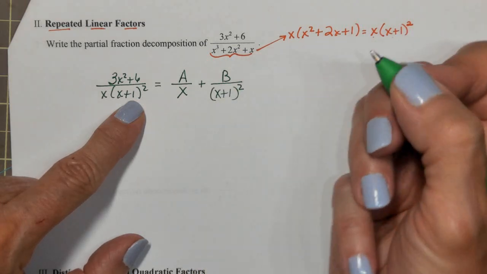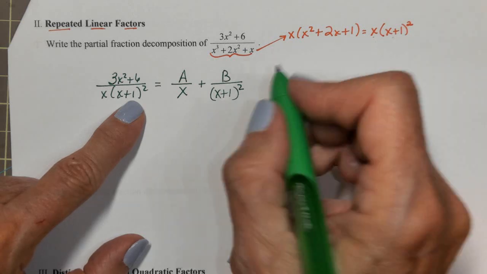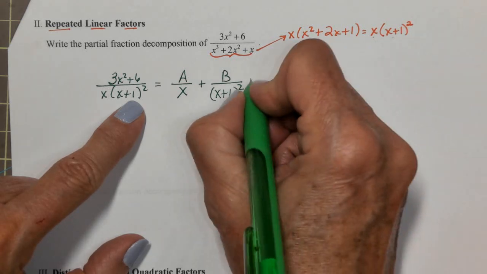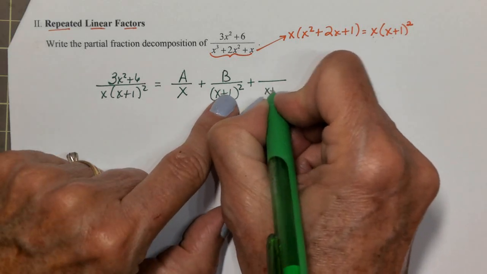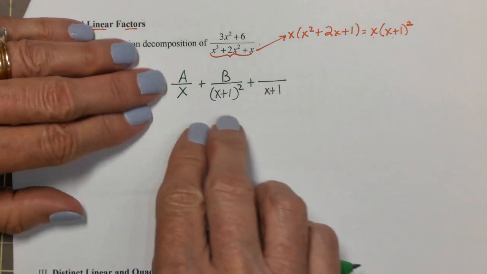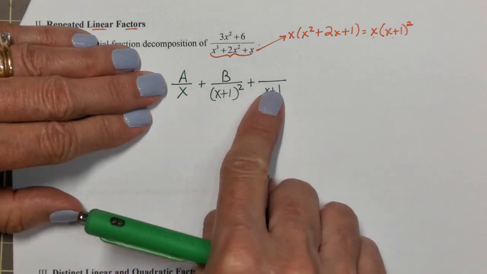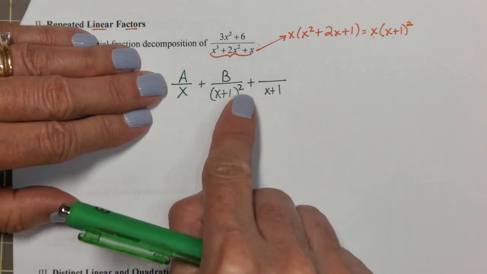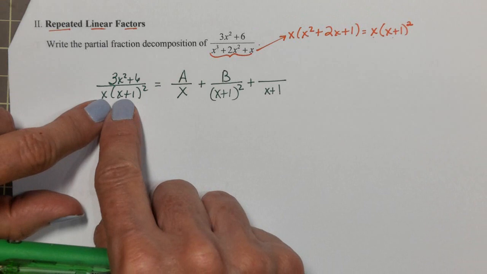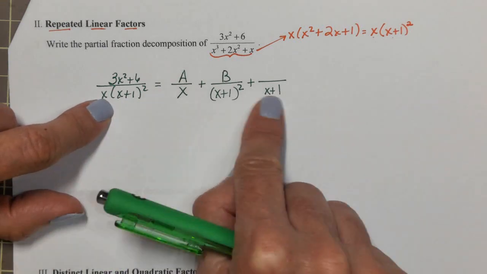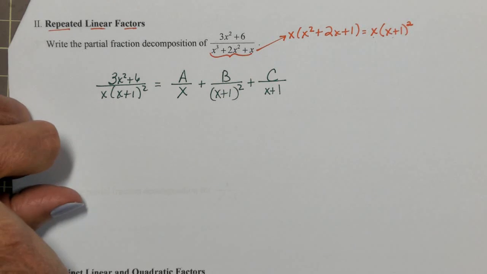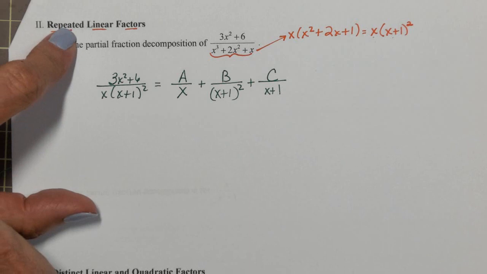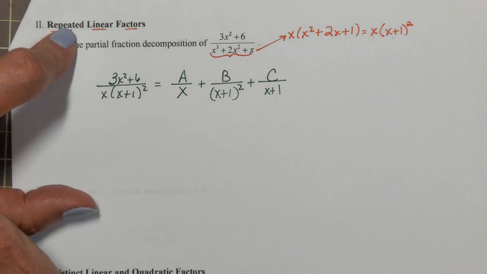Or there is a possibility that we could have another fraction, and its denominator would just be a single one of these. If I were adding these together, what would the common denominator be? The common denominator would be this. So I have to consider all three of these situations. That's what you do when a factor is being repeated in that bottom.